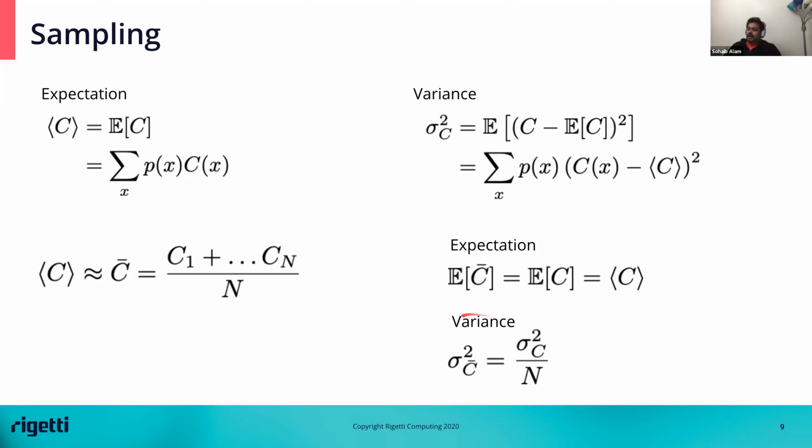But finally, the variance of this new random variable, of this estimator, is 1 over n times the variance of the original random variable. Okay, and that's significant, right?